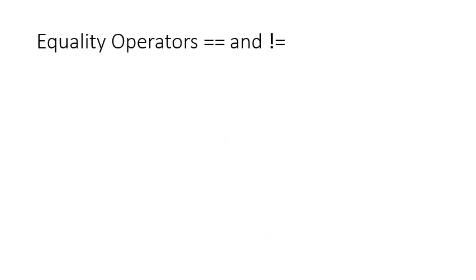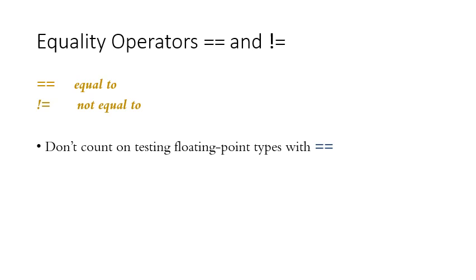Next, we can also test if two values are equal. We use the equality operators, equals equals and not equals, for this purpose. The equals equals simply tests whether two operands are equal. It's very self-explanatory. And not equals simply tests whether two operands are not equal. But there are some things that you have to note.